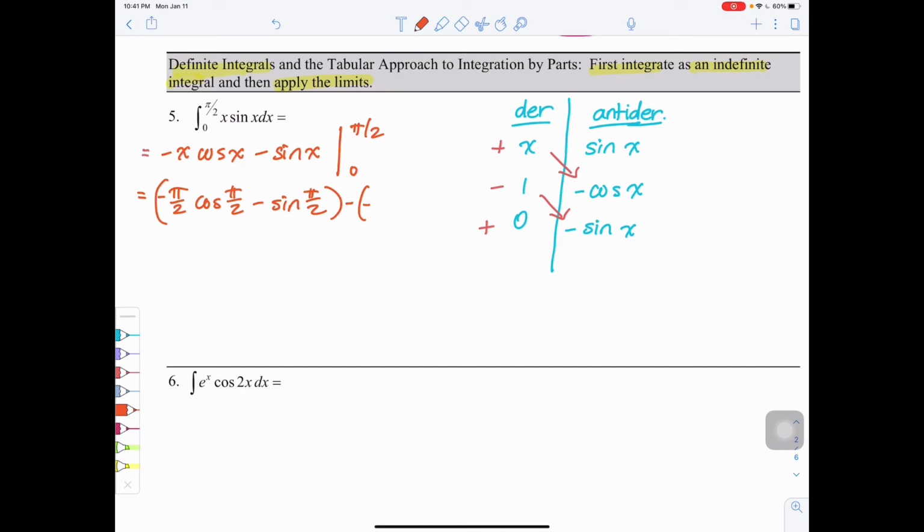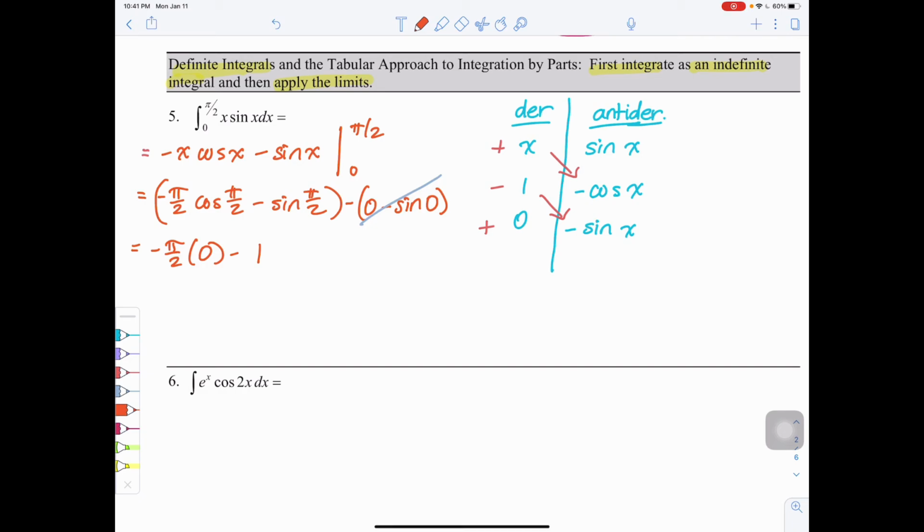I'm just going to put a 0 in because plugging in 0 for that x, that's gone. 0 minus the sine of 0. Well, the sine of 0 is also 0. So this is gone. Okay? So now we have the opposite of pi over 2 times the cosine of pi over 2, which is 0, minus the sine of pi over 2, which is 1.